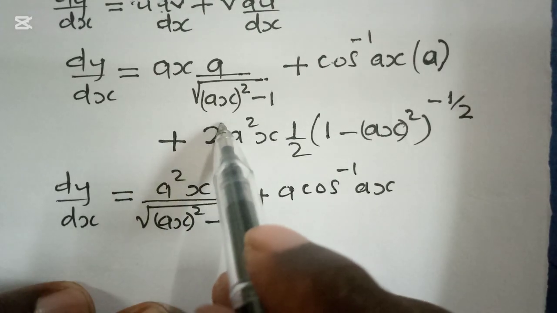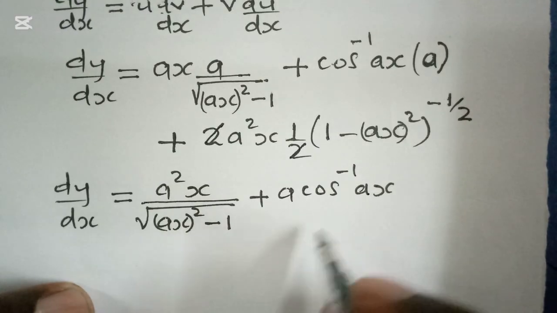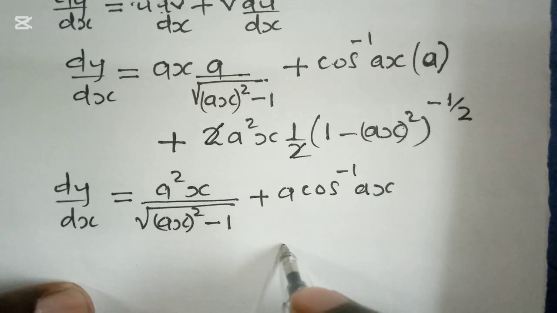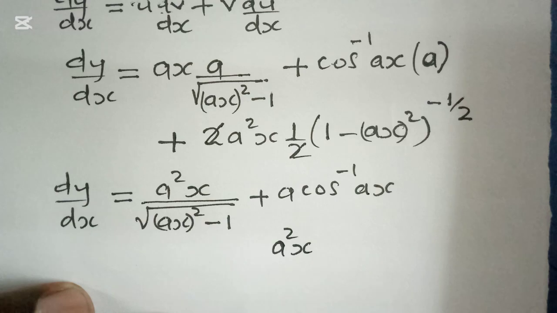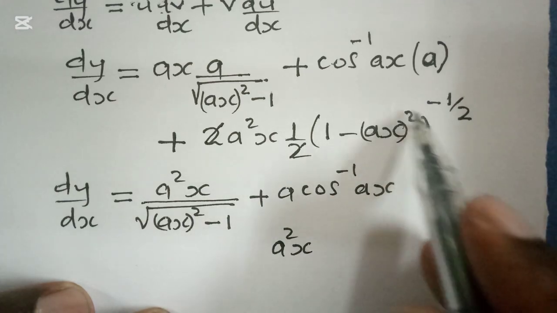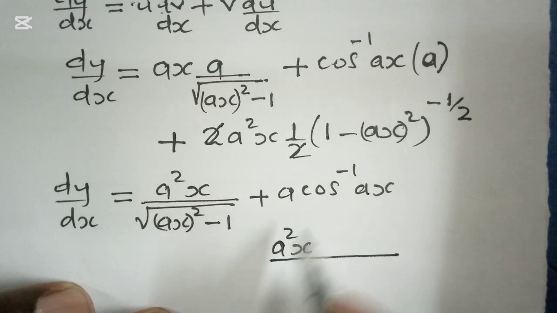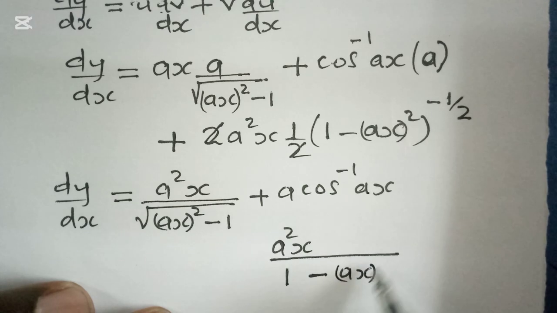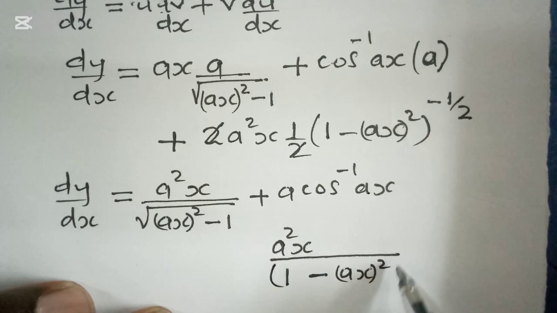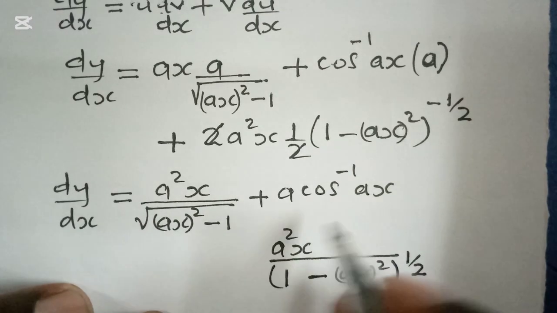We can actually divide that and that. So now we are going to have a squared x, and then we have this term. This term we can put below here, so that we shall have 1 minus ax squared, like that, and this one is now going to be a half, like that. So this is plus.